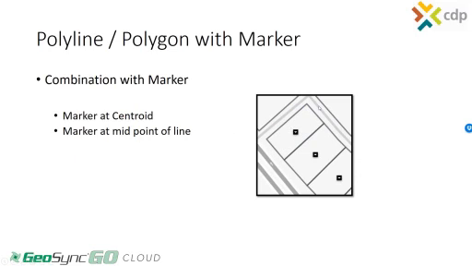Still the same parcel, and we have also added a marker at the center of that. For visibility purposes, it makes it easier for someone to select that particular polygon. Also, for the mouse over, it can be helpful to do that. So we have a combination of a polyline or polygon with a marker. And again, remember, our style includes both of those, so this is representative of one style.